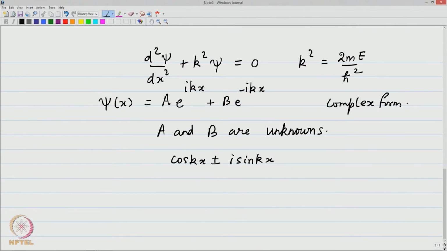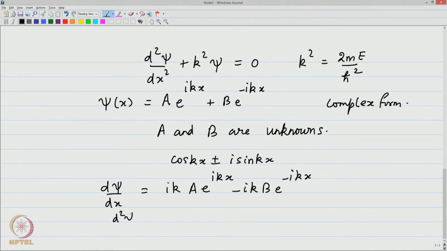You can substitute this solution here, and you will see that if you take d psi by dx, the i k comes down, A e to the i k x, with the minus i k coming down from the term B e to the minus i k x, and this is not the same as the function, there is a minus sign.